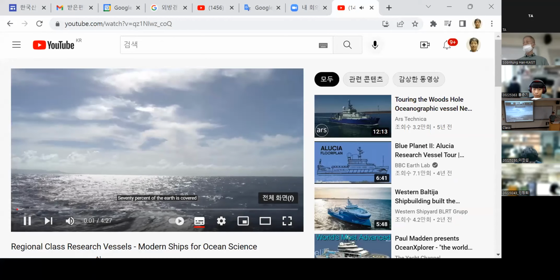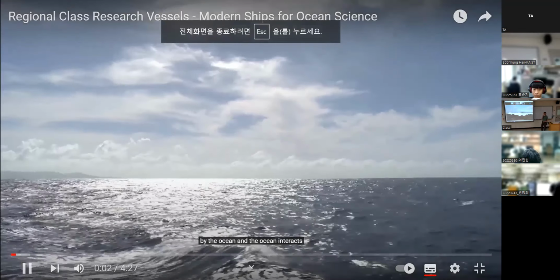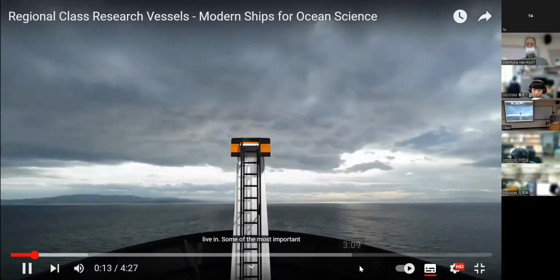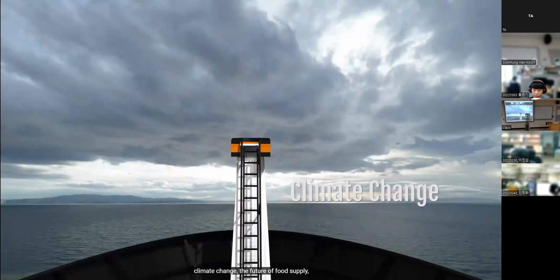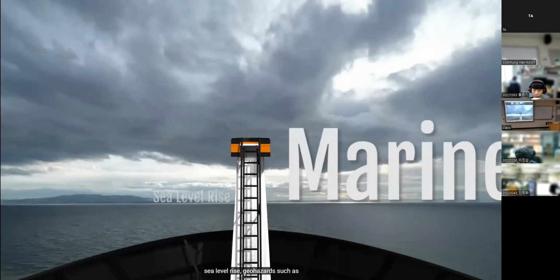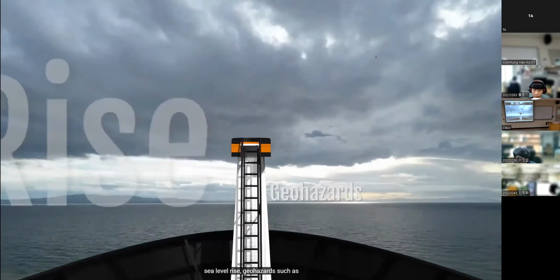70% of the Earth is covered by the ocean, and the ocean interacts with the atmosphere and the land. Those interactions control the world we live in. Some of the most important questions facing society include climate change, the future of food supply, sea level rise, geohazards such as earthquakes and volcanism along coastlines.